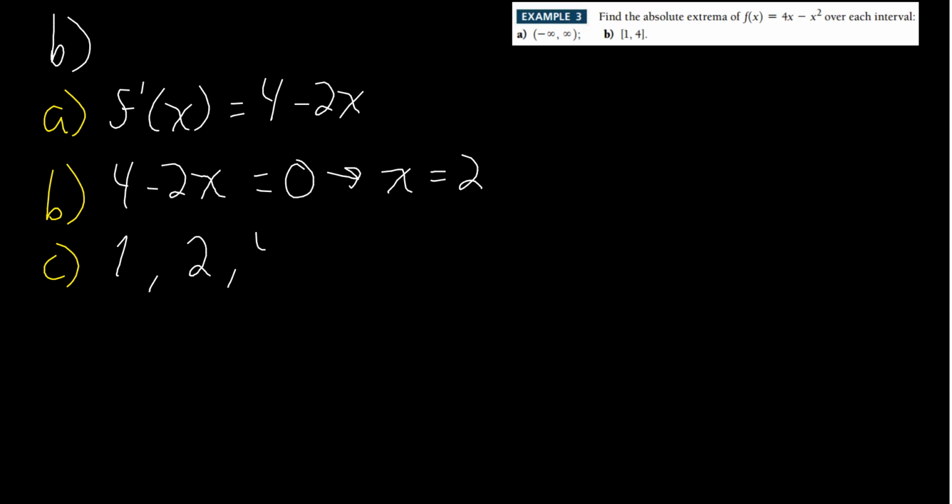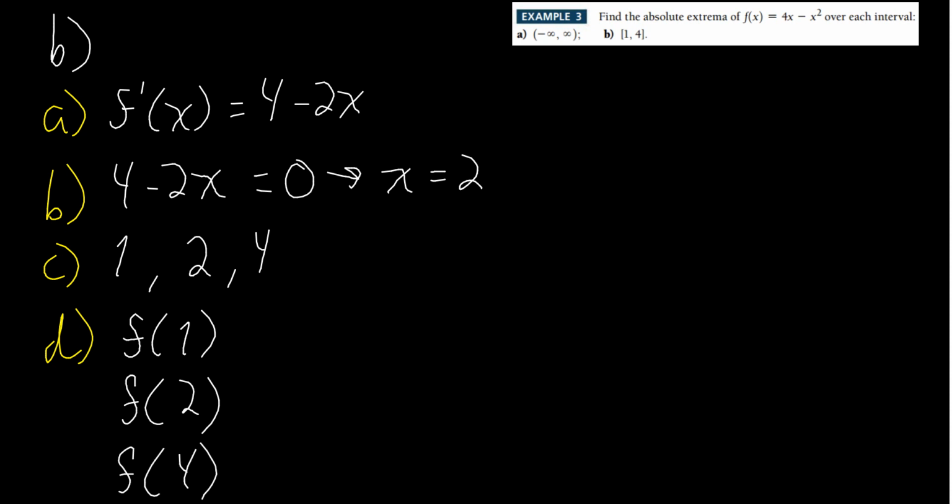These numbers, 1 and 4, are just the endpoints. Then we're going to take the function and evaluate it at those values. So step D, we're going to do f of 1, f of 2, and f of 4.